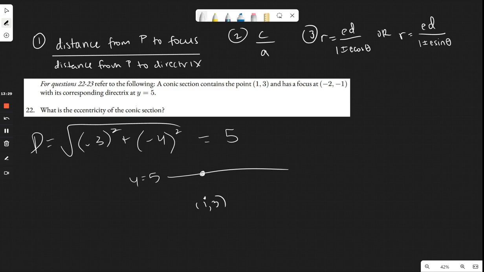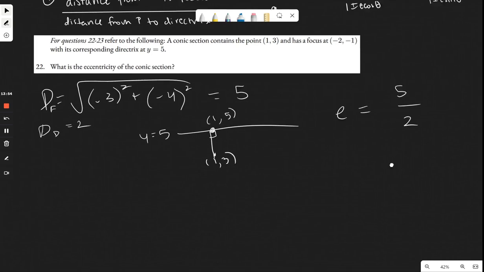So this point right here is going to be (1, 5). And the distance between these two, this forms a right angle, is just going to be 2. So the distance from the focus is 5, the distance from the directrix is 2, and therefore the eccentricity is going to be 5/2. Yay!